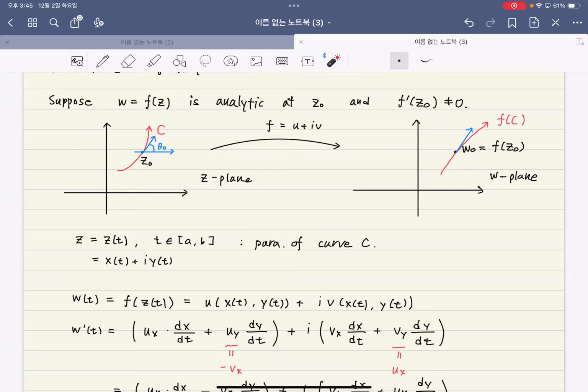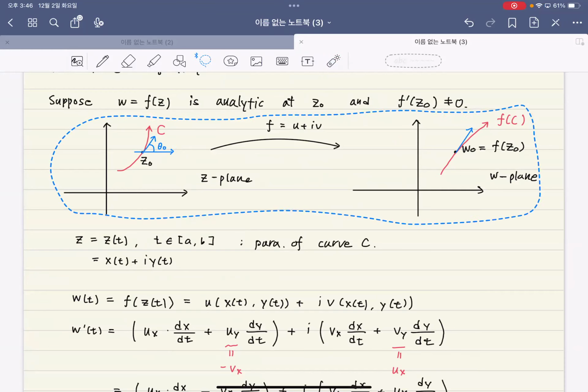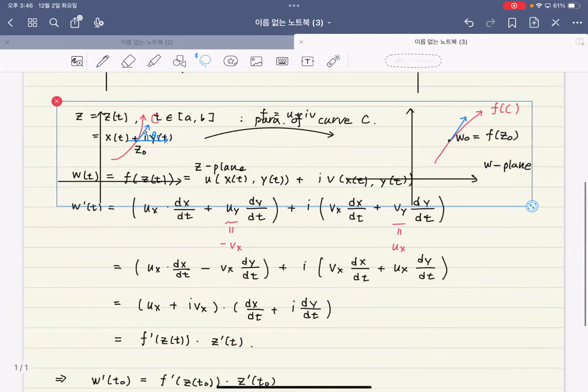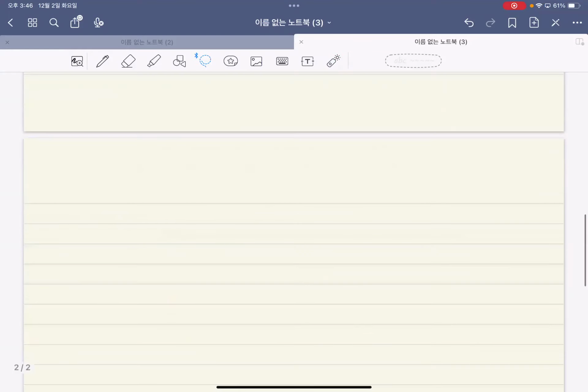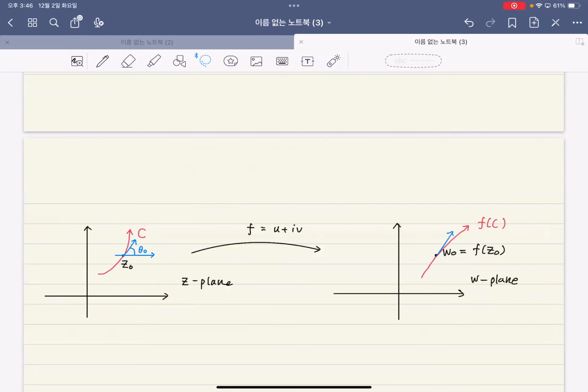So what I want to do is just consider two different curves, C1 and C2. I want this one to be blue.